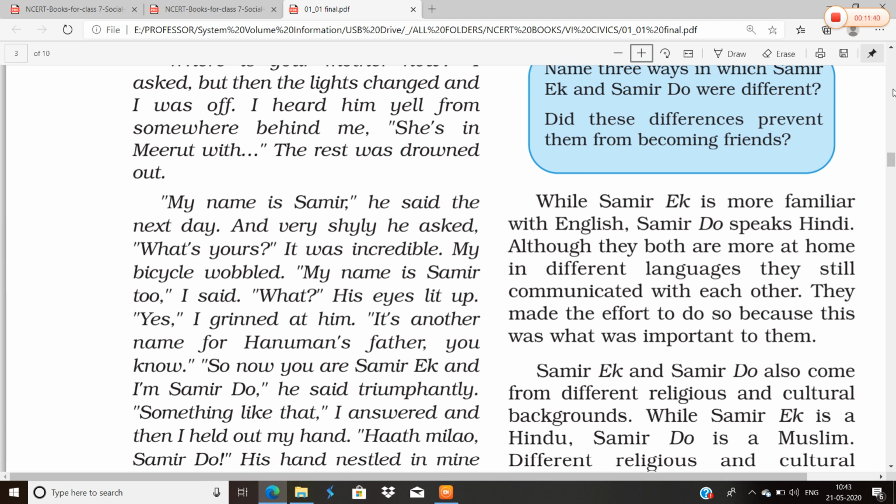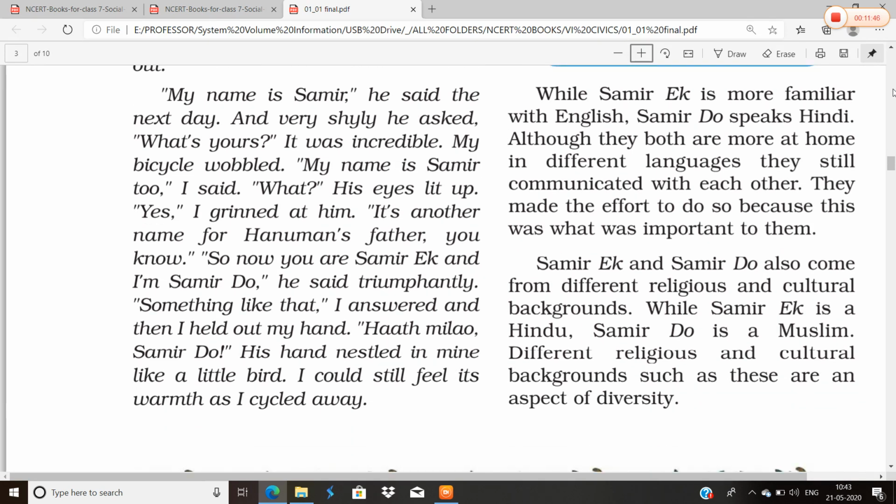Then I held out my hand, "हाथ मिलाओ समीर दो," and his hand nestled in mine like a little bird. I could still feel its warmth as I cycled away.